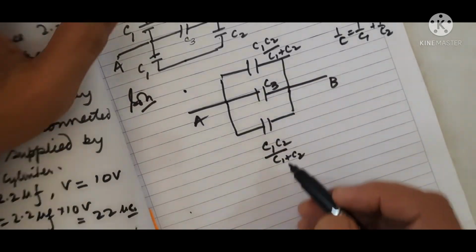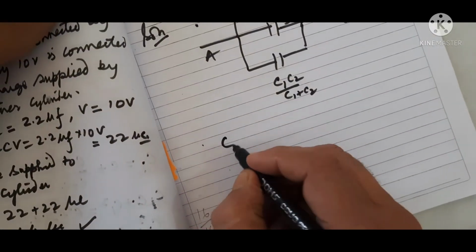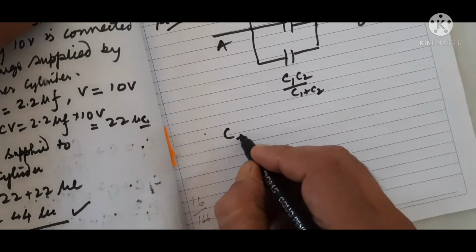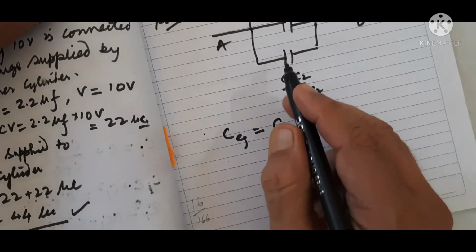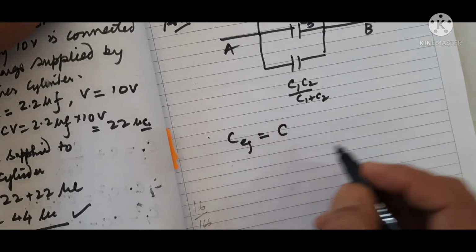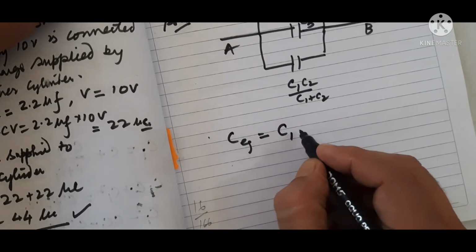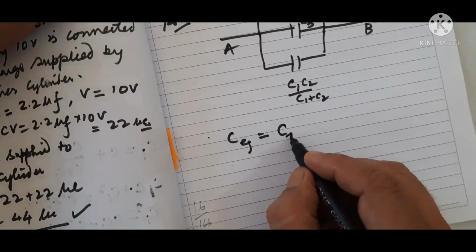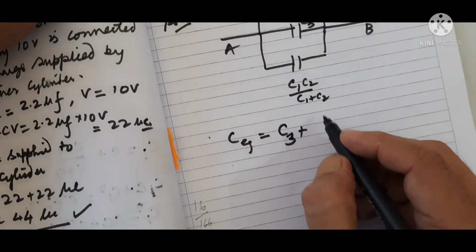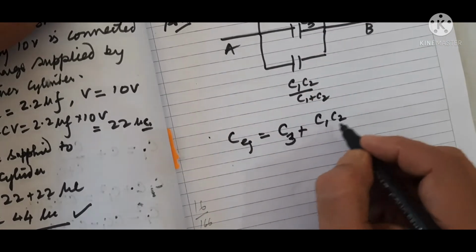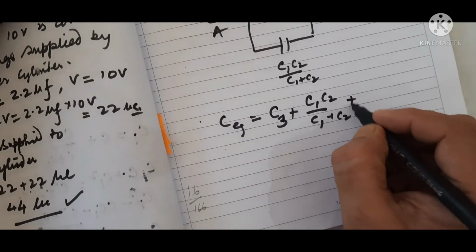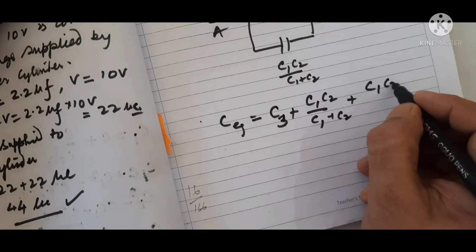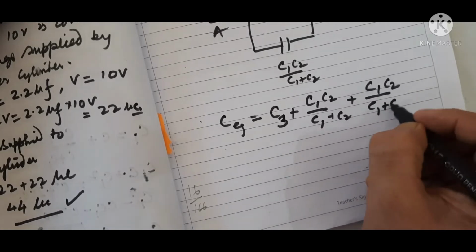And these three are in parallel. So the C equivalent will be, in case of parallel, C1 plus C2 plus C3. So C3 plus C1 C2 by C1 plus C2 plus C1 C2 by C1 plus C2.